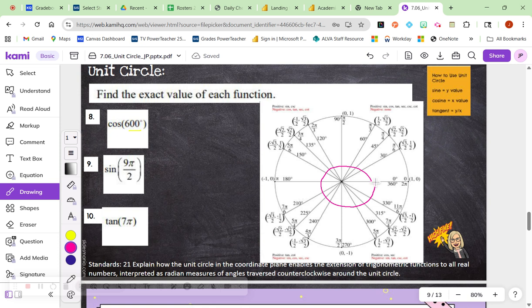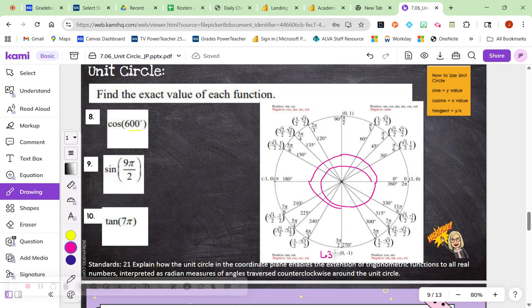So if we go around again, that gets me at 450. If we add 90 to that, that gets me to 540, which would be here. And if we add 90 to that, that gets me at 630.